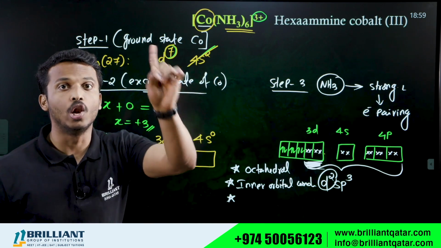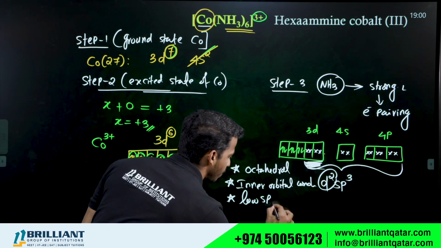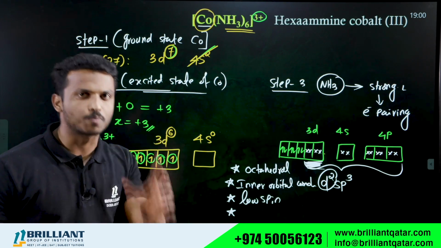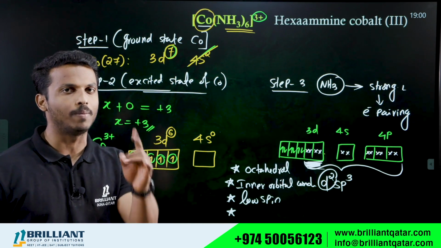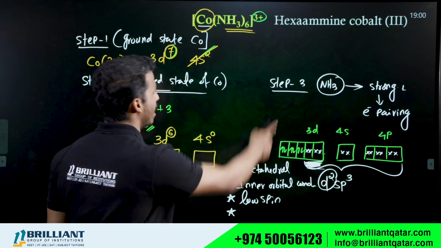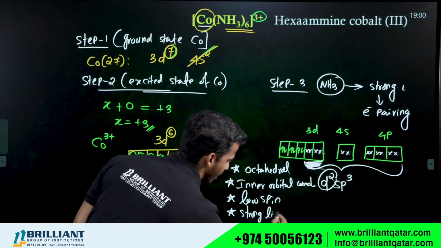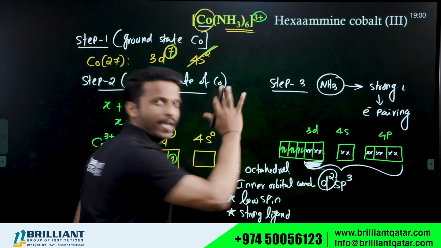Inner orbital complexes are also called low spin complexes. One another thing I told you, if it is a low spin complex, in most cases there will be a strong ligand. Can you see? Ammine is a strong ligand.